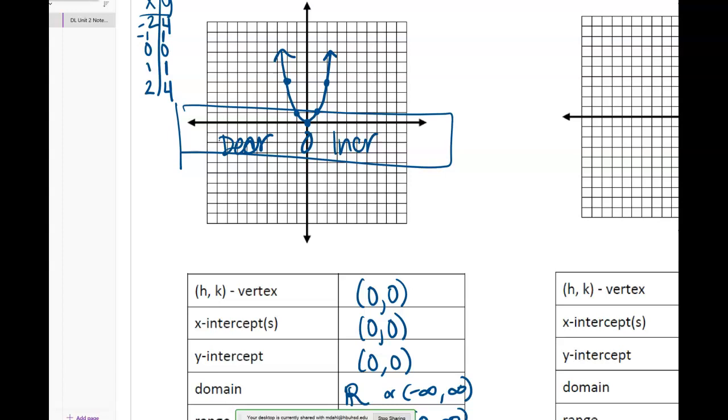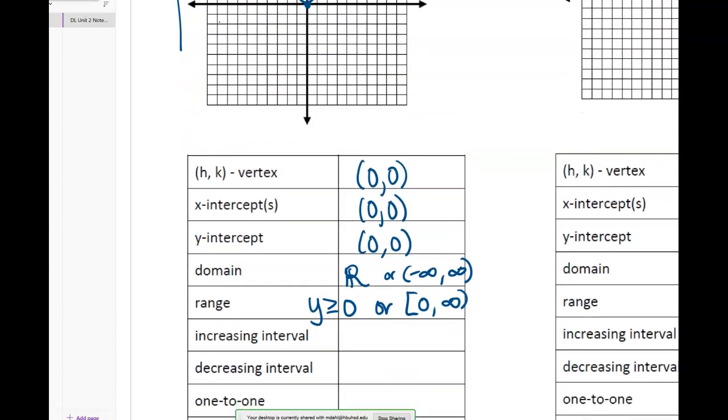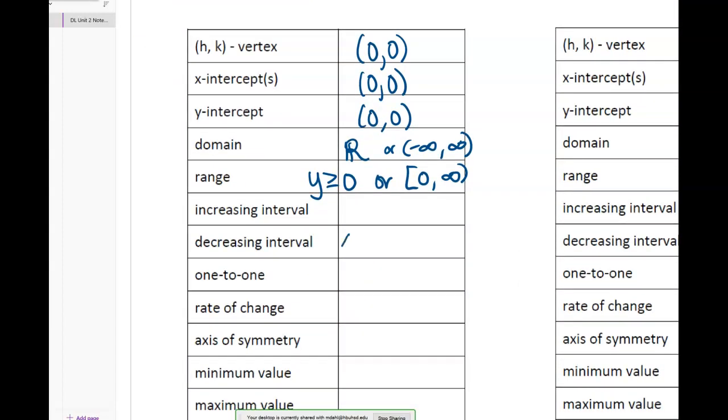And then from 0 to positive infinity would be the x's that are the increasing part of the domain. So if you were struggling with that, hopefully that will help you a little bit. So our decreasing interval was from negative infinity to 0. The negative infinity has to have a parenthesis. The 0 could have either. And then our increasing interval is from 0 to infinity.